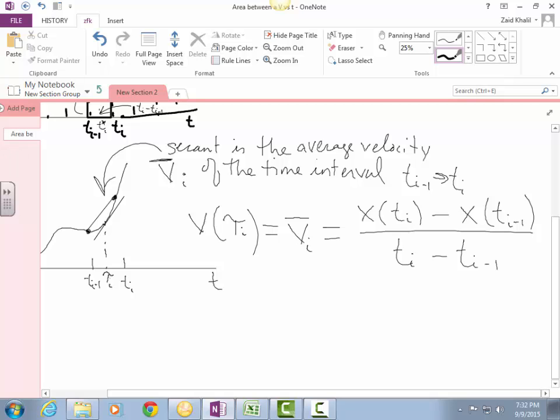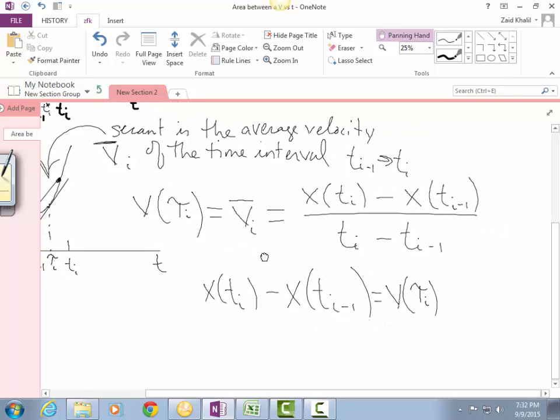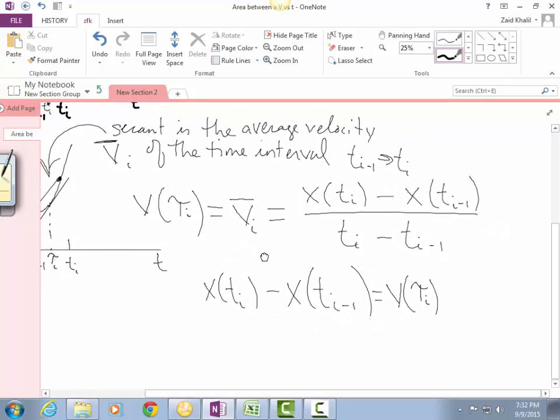And so therefore, what we have is the change in position in that time interval is equal to the instantaneous velocity at that point, tau i, times ti minus ti minus 1. So let's take a look.